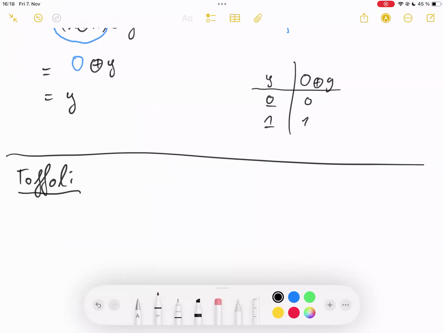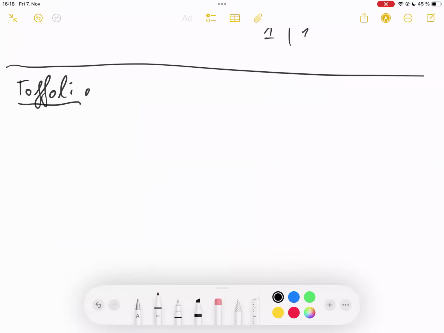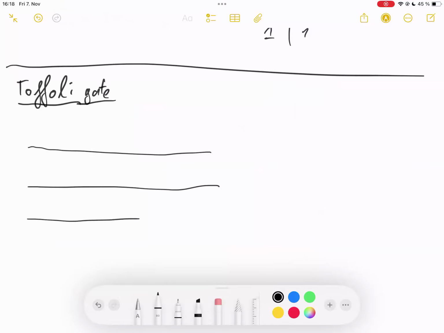The Toffoli gate is a more complex gate. In the Toffoli gate, we will have three inputs: X, Y, and Z. This Toffoli gate does not change the first input.